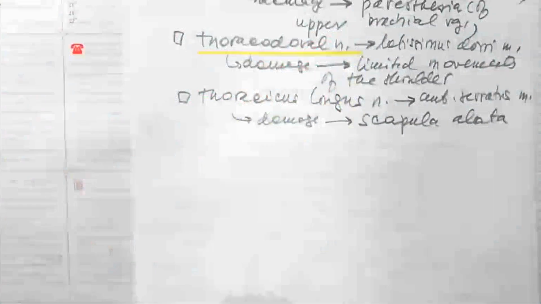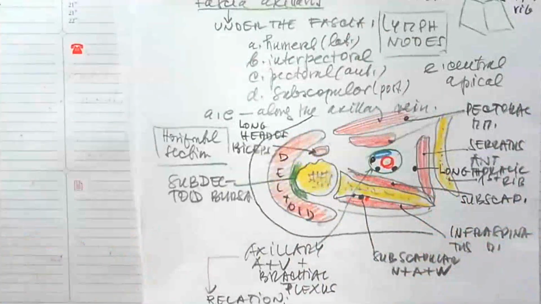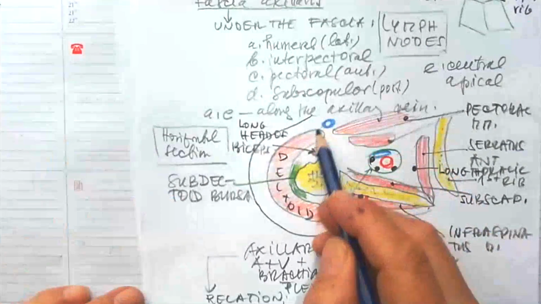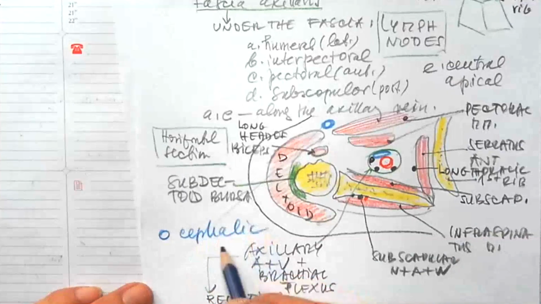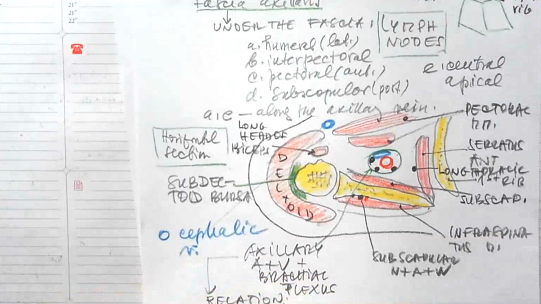Scapula alata. So when we look, please go back to our drawing, we have to add one more structure, and this is the cephalic vein. Note that here is the cephalic vein. We will speak about the cephalic vein several times, because it is the typical superficial vein.